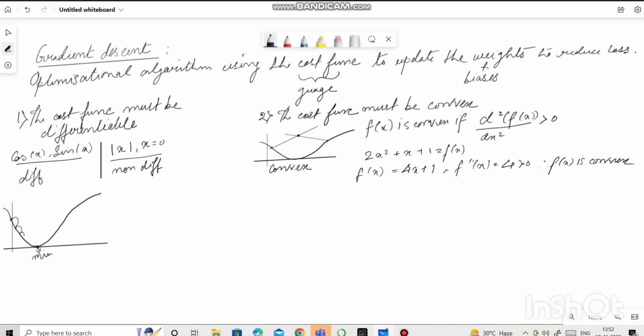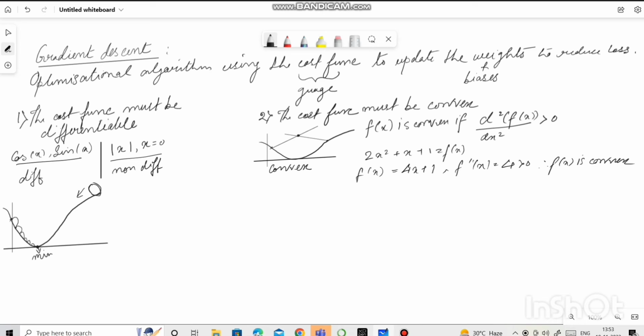Now as we go towards the minima, the rate of jumps reduce. Why is it so? Think of it like a ball. If this ball is rolling down the slope, what happens is once the slope flattens out, the rate at which the ball is moving reduces.